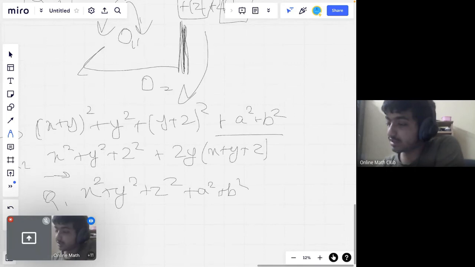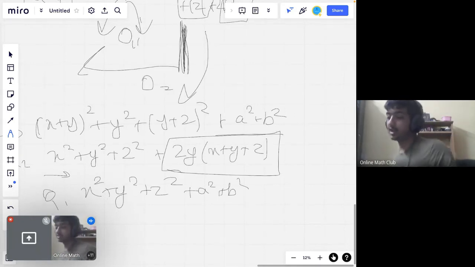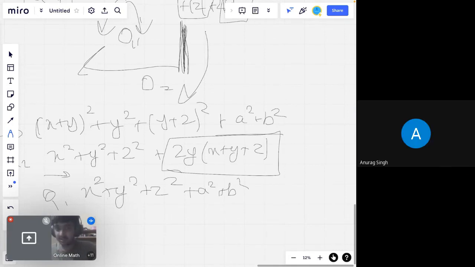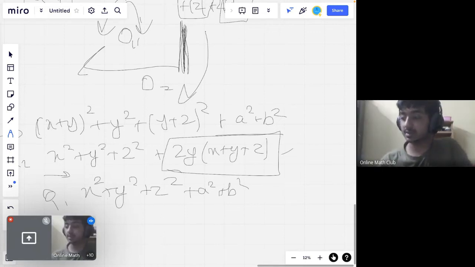So the difference is this number, which looks pretty nice at first, but it's not. Something to notice is that this remains positive. Which one? 2y into x plus y plus z. It's not necessarily positive. You're right, it's not that nice because it's only including a plus b.